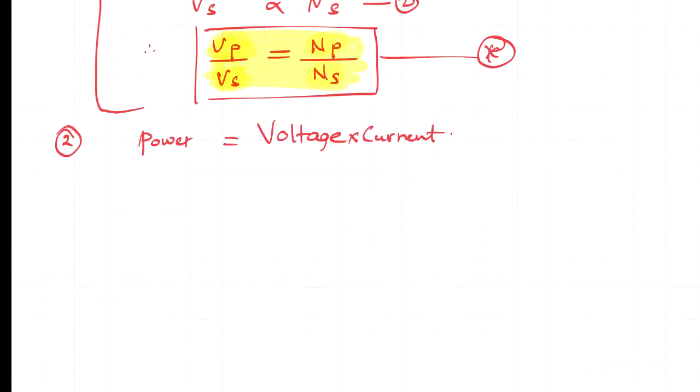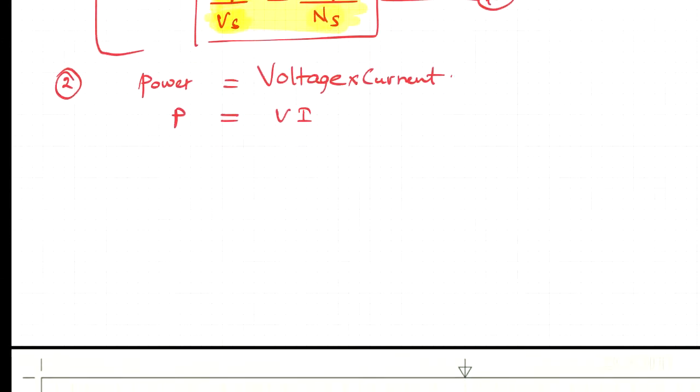Voltage into current. So therefore, P equals VI, right? And there's an assumption in this: we are going to assume that this transformer is 100% efficient, right?